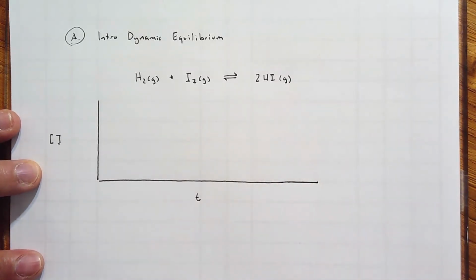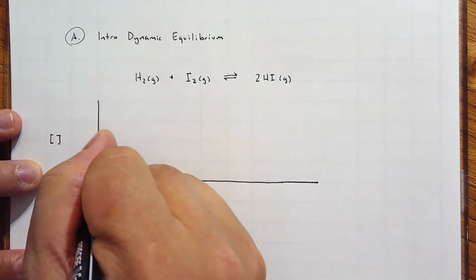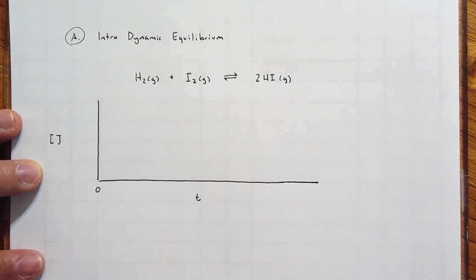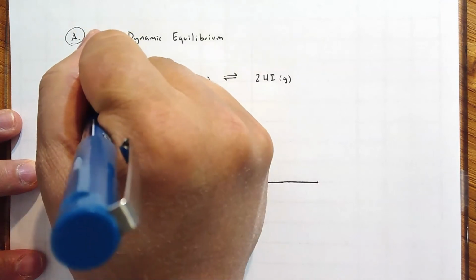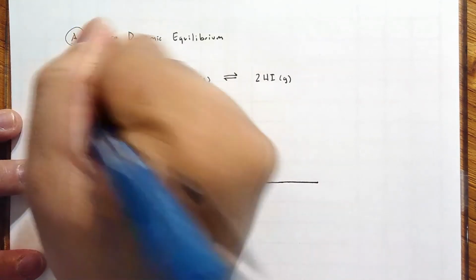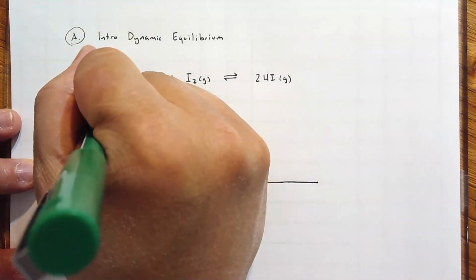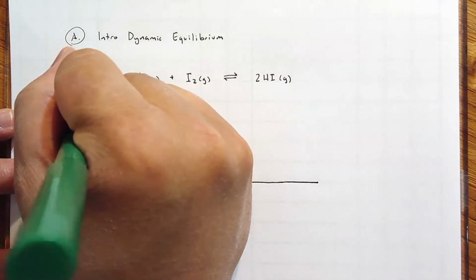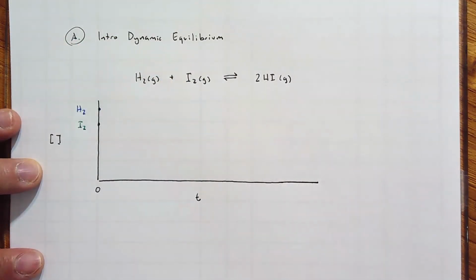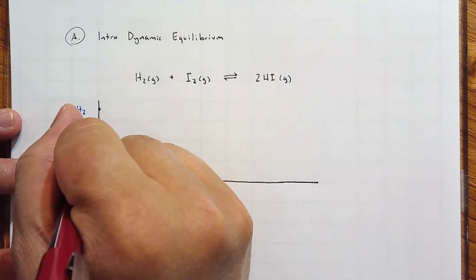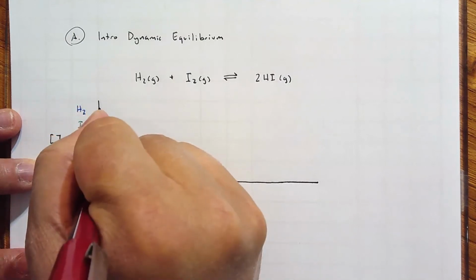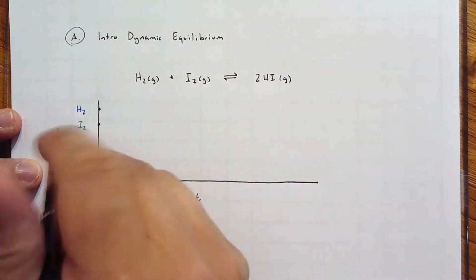Let's suppose that at time 0, we have this amount of H2 in the reaction flask, and this amount of I2, and this much of HI. No HI, 0 concentration.